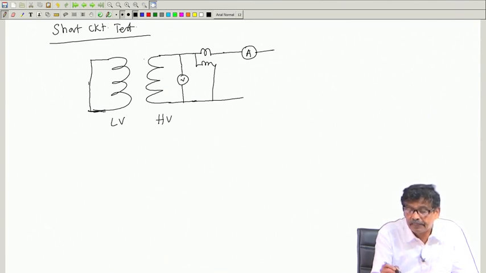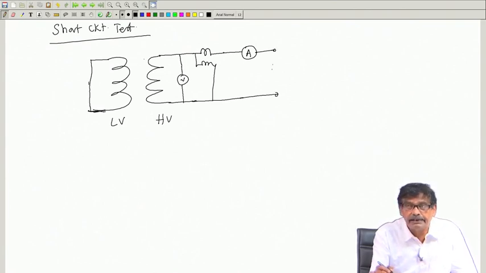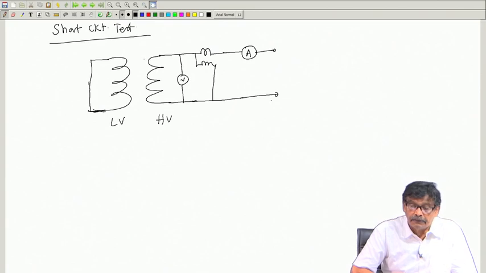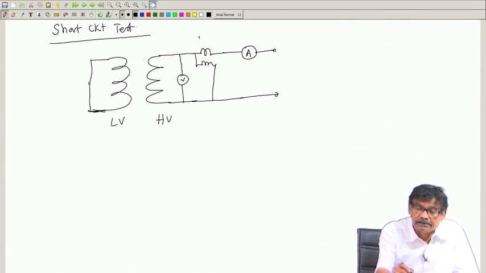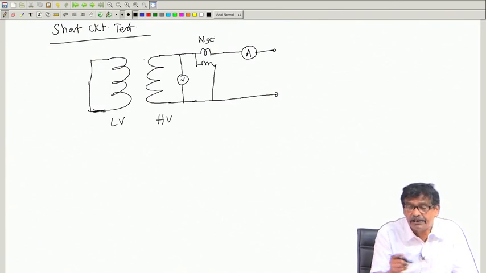And here I will connect the supply. Okay, so you give some supply and note down these meter readings: the wattmeter reading, which I will write as Wsc, the ammeter reading Isc, and the voltmeter reading Vsc.